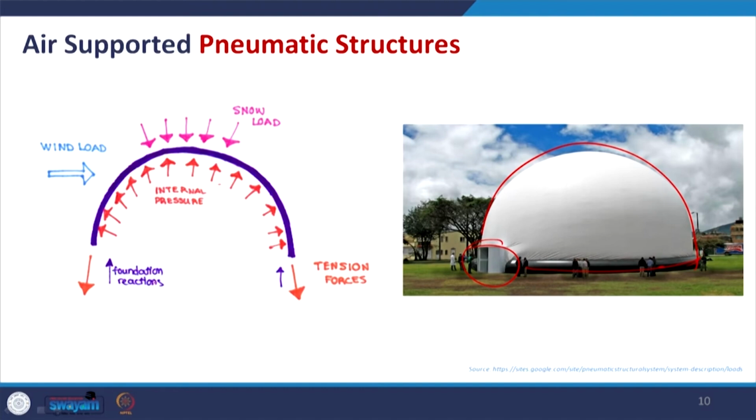In this case you see that the snow load or maybe the rain load can easily be drained off because of the synclastic curvature, and the interior pressure is holding the overall shape. The wind load, which is lateral, is really vulnerable if we have very little pressure difference, and at the bottom it will have the tension.